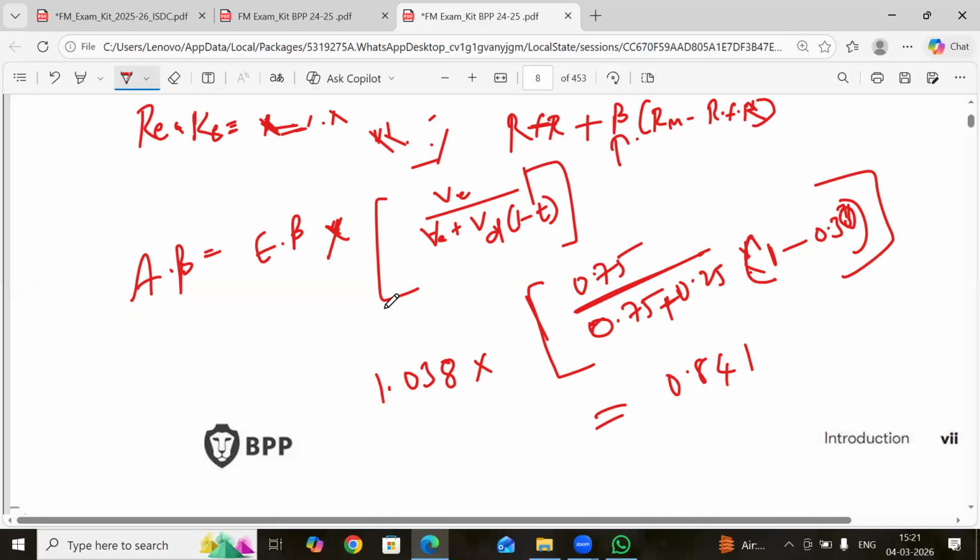Now what we have to do, we have ungeared this. That means we have removed the debt to equity ratio of the company which we have taken as a target. Okay. First ungearing, then regearing, then we will take our debt to equity ratio. Okay. And we will find out our project specific beta.